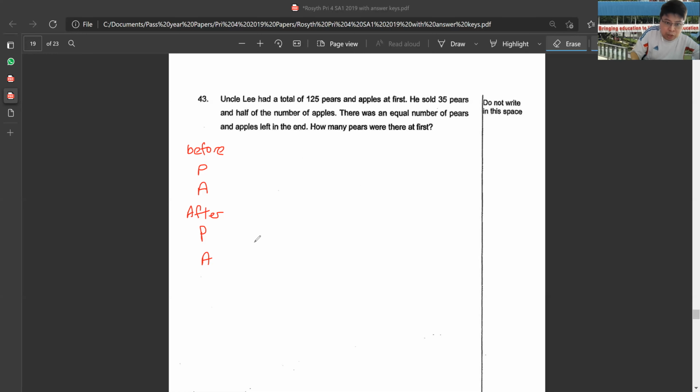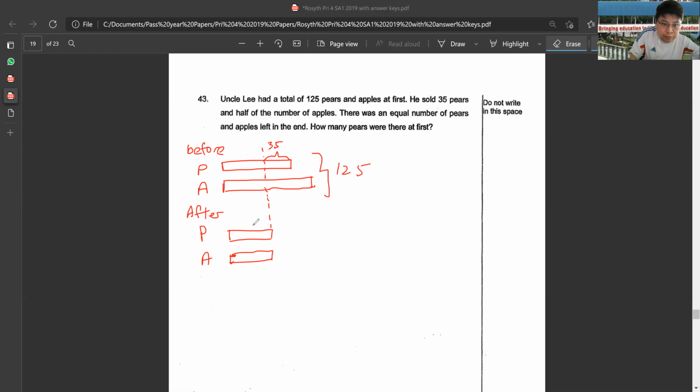Then 35 pears. He sold 35 and half of the apples. So altogether is 125. This is 1 unit, this is 1 unit, and so on. You know why that is 1 unit, right?